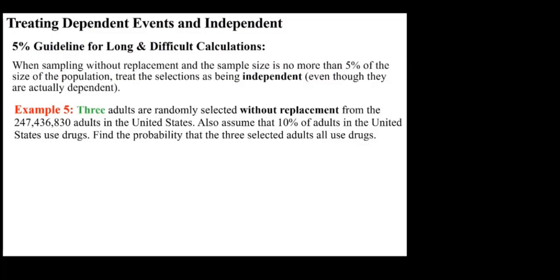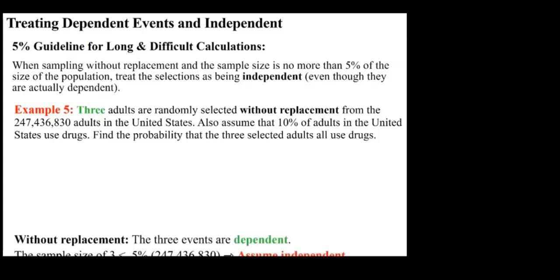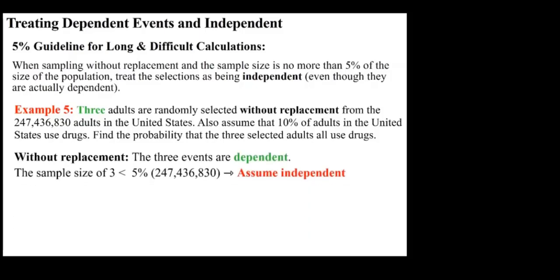They are dependent. I can't emphasize this enough. They are not independent. However, the number that we are using compared to 247 million is so small, definitely less than 5%, then you're going to assume independence. And that's the idea behind that.